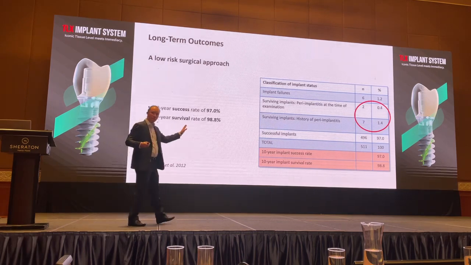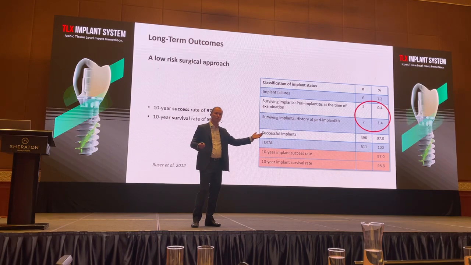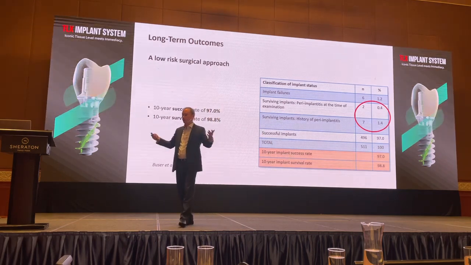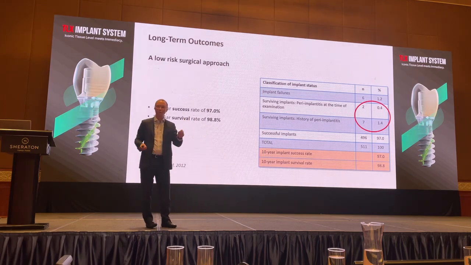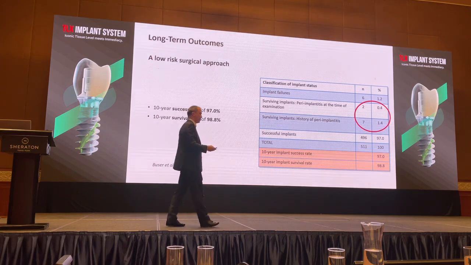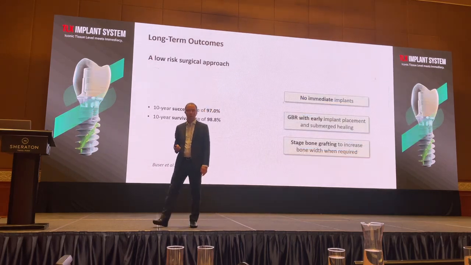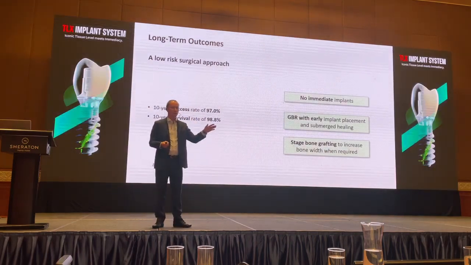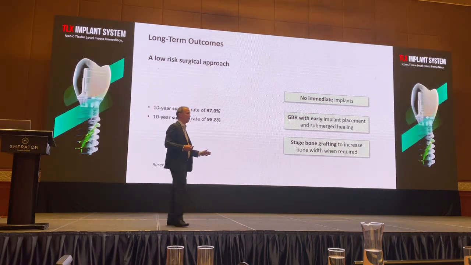And these are not patients in maintenance. These are patients who have been treated and they go back to the general practitioners and receive more dental care. The difference is the low-risk surgical approach to make sure that the foundation for the implant is sound, with good bone and good soft tissue. So no immediate implants, GBR done to reconstruct the bone, and when necessary, staged bone grafting.